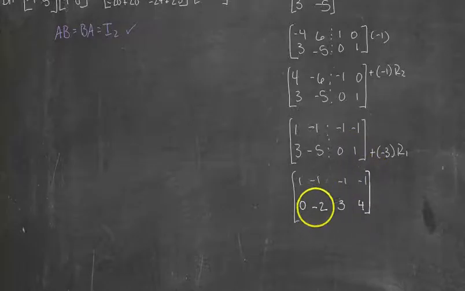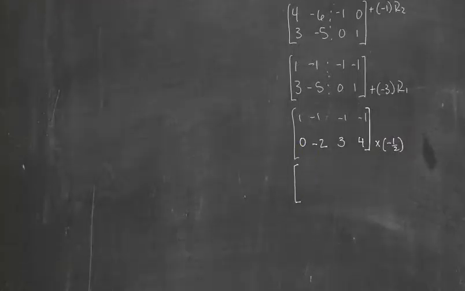Almost there. I'm going to divide this row first by negative 1/2, or multiply it times negative 1/2. Trying not to do too many steps at one time.